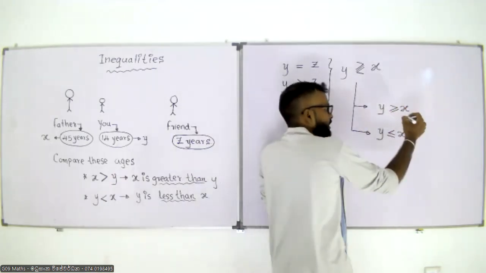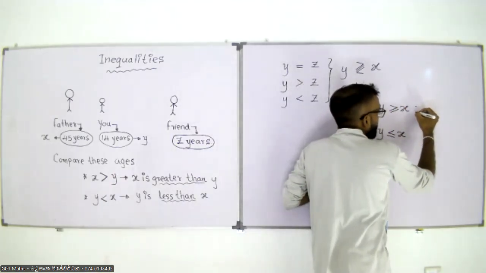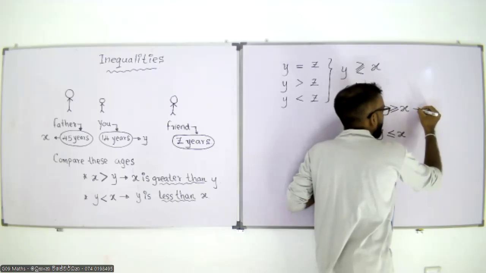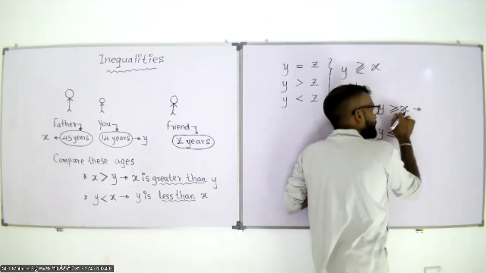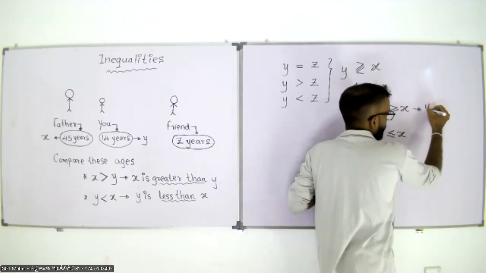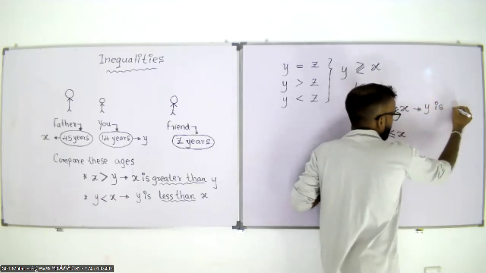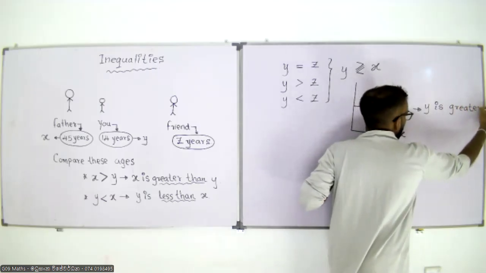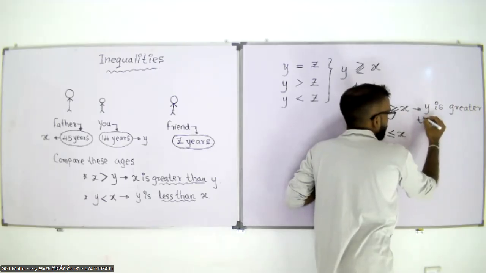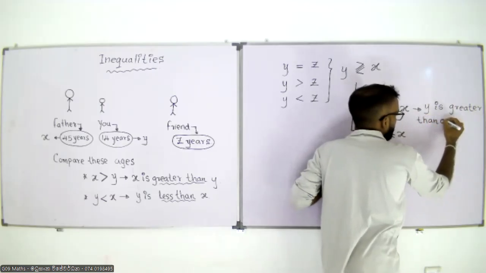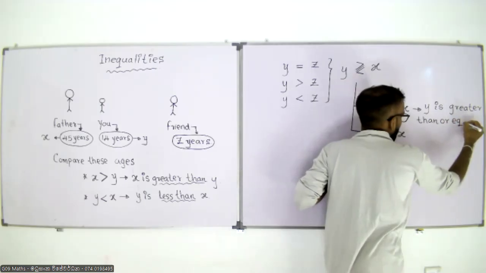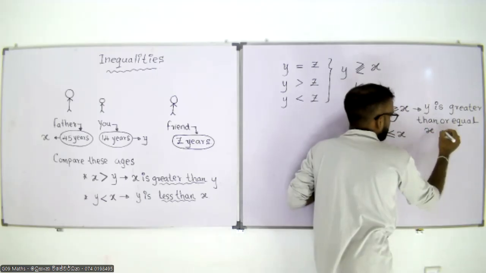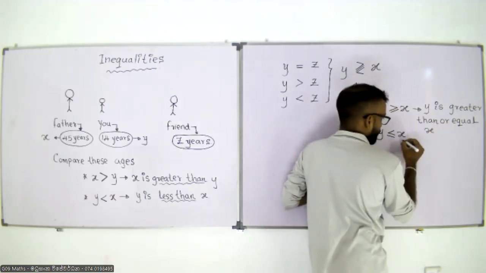So how do we read this symbol here? Y is greater than or equal to x. And how do we read this one?